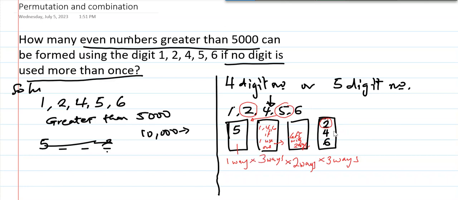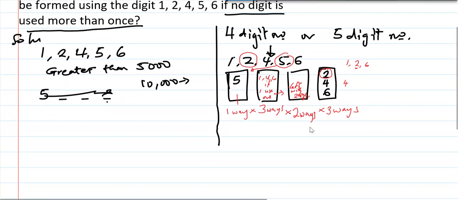In another situation, I can let the number end with 4. If 4 is ending and I start with 5, I'll be left with 1, 2, and 6 to fill this portion. And it will also be the same 3 ways. And even if I use 2, I'll be left with 1 and 6, meaning 2 ways. Do you understand?